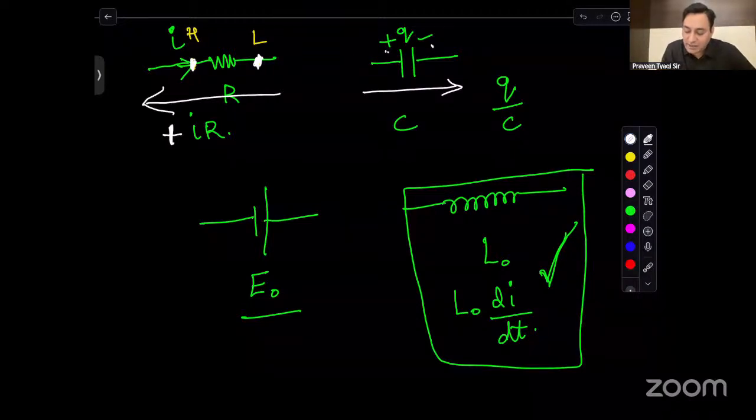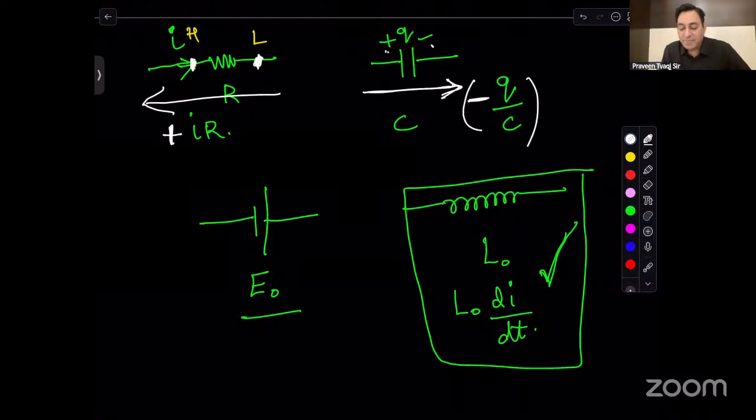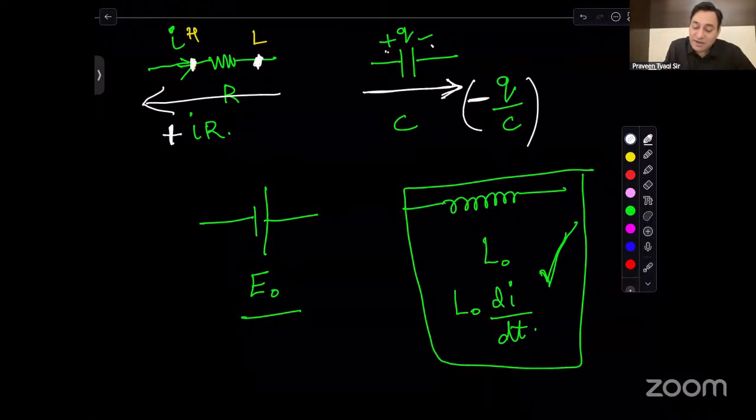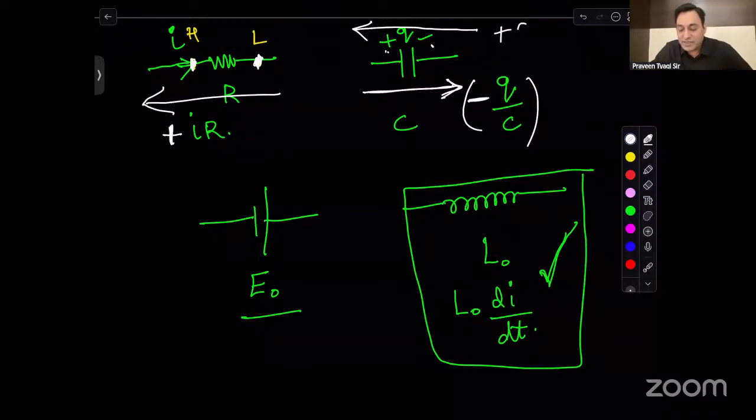That means your potential is decreasing, so you will write minus Q by C. If for the same capacitor I was going in this direction, what will I write? Plus Q by C. The same potential difference, but now I was going from a lower potential to a higher potential point. The potential increased, so plus Q by C.